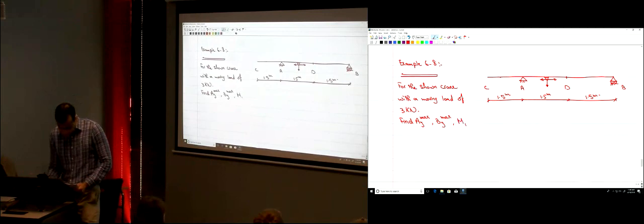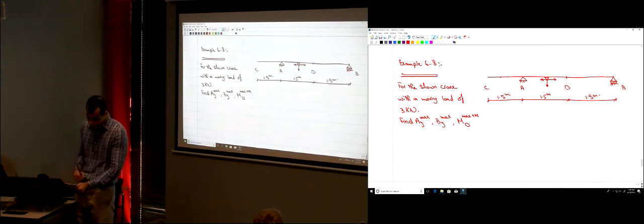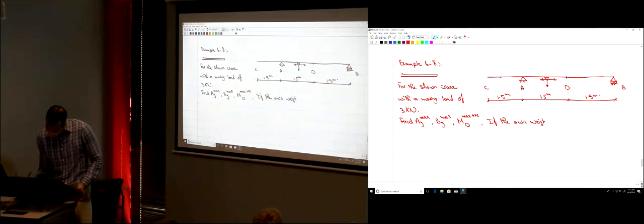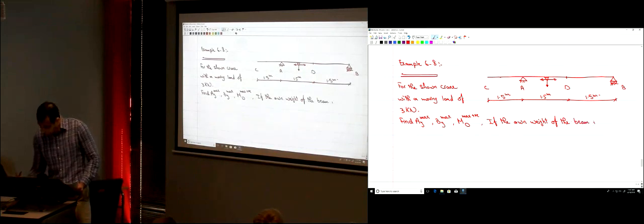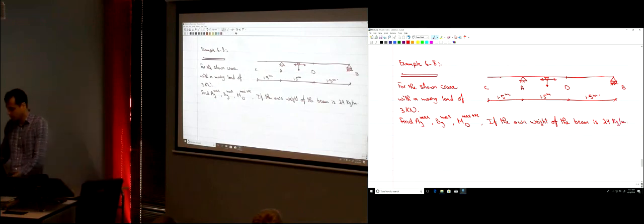And MD maximum positive, the maximum positive moment that can happen at point D. If the own weight of the beam is 24 kilograms per meter. What's this?